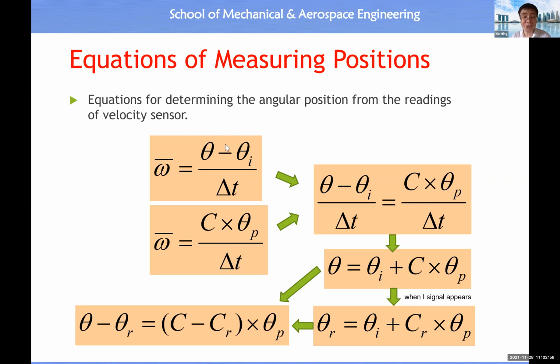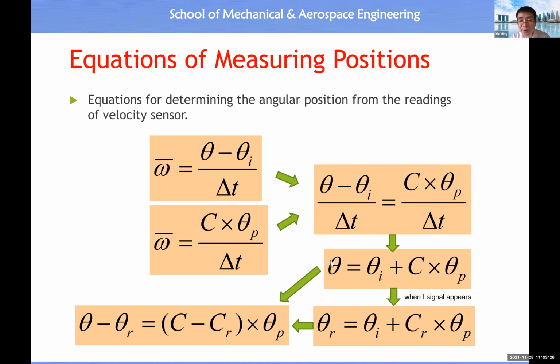This is from the sensor's reading: this is the pitch angle from your sensor, this is the reading from the counter, this is the reading from the timer. Actually they have the same meaning, so you equate these two definitions together. This is the definition, this is from the sensor's data relationship. Now you cancel the time t.